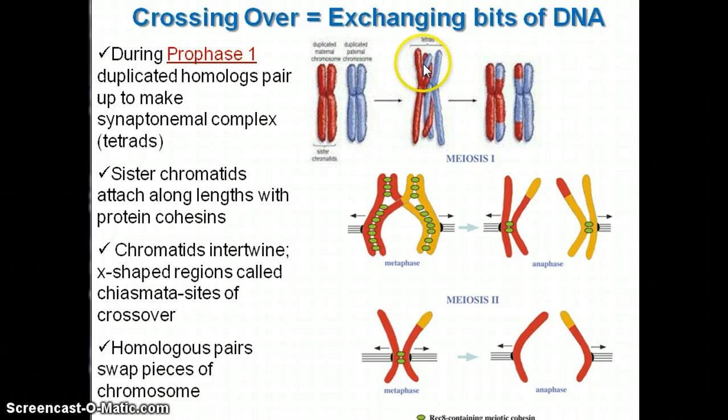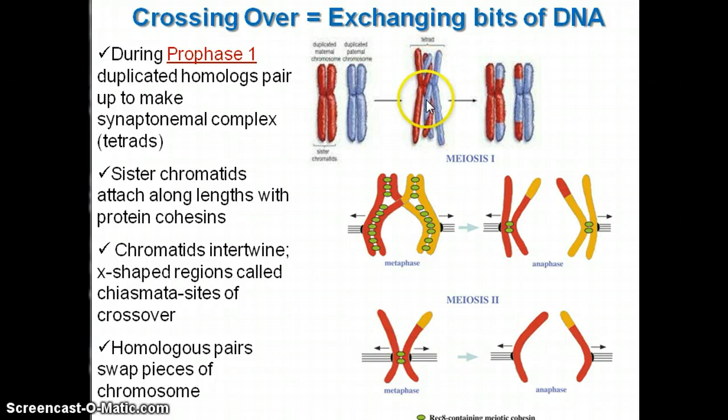And these join up together, actually, and the sister chromatids attach along their length with protein cohesins, which hold them together through the process of these different phases of meiosis. And then we also have some attachment going on of this synaptonemal complex.